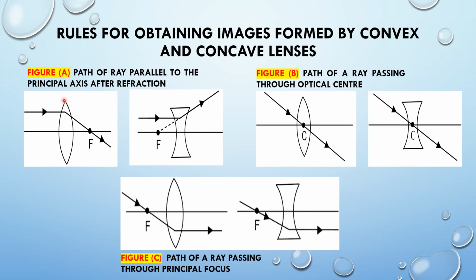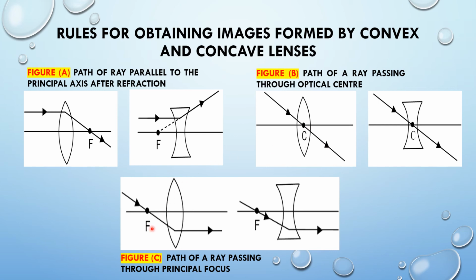Rule number 1: an incident ray of light parallel to the principal axis passes through the lens, which means it passes through the principal focus of the lens after refraction. The second rule: an incident ray of light passing through the optic center of a convex lens goes straight after refracting through the lens.